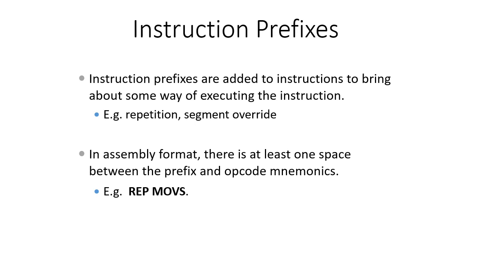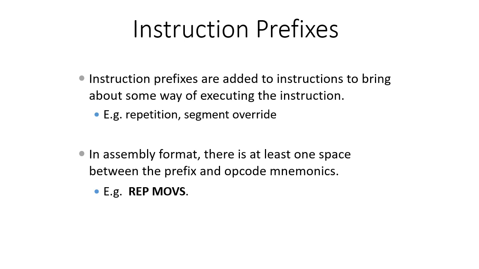For example, you may want to access data from the code segment. However, instructions are designed to access data from the data segment. To enable data to be accessed from the code segment, a segment override prefix will be used to make the instruction access data from the code segment instead of the data segment.